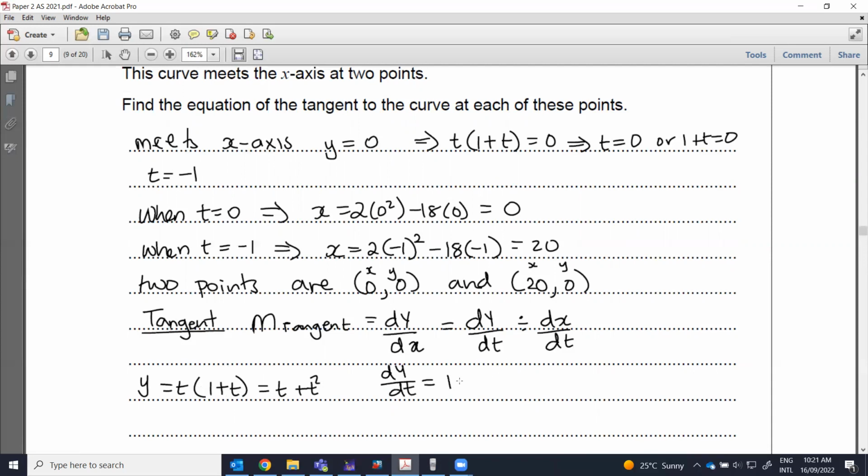This is 1 plus 2t. And then x is 2t squared minus 18t. So that means that dx/dt is 4t minus 18.